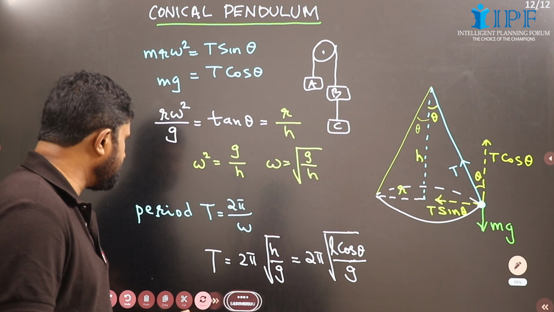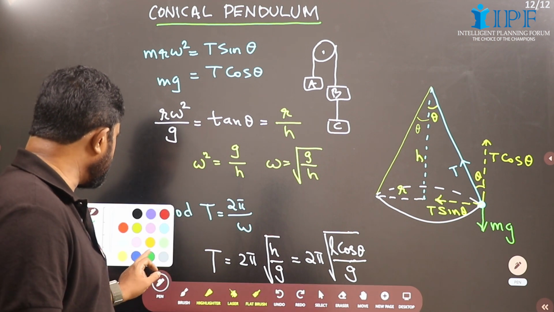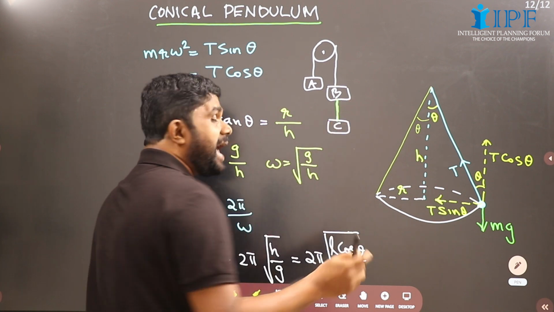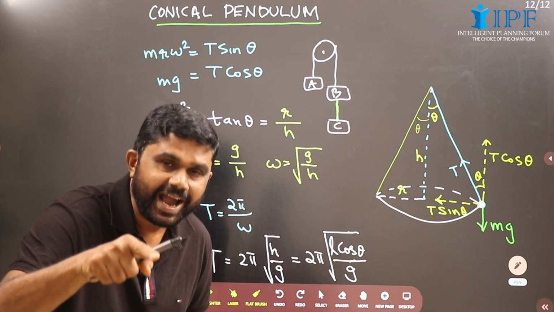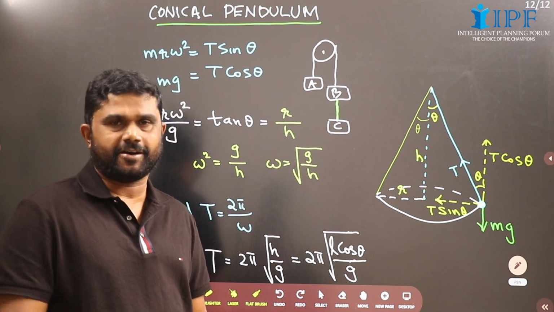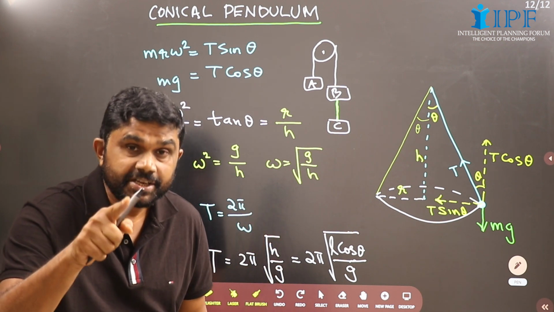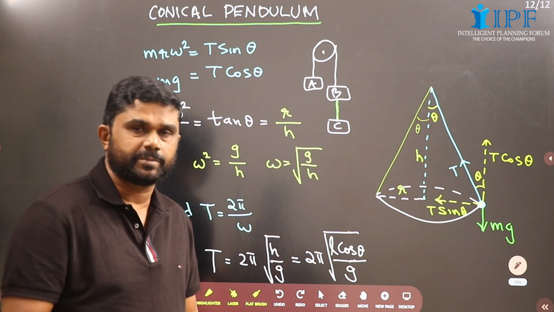Now consider this string. The tension in this string will be acting on the block B as well as on the block C, because that string is connected to both B and C, and the tension is along the string and away from the body.